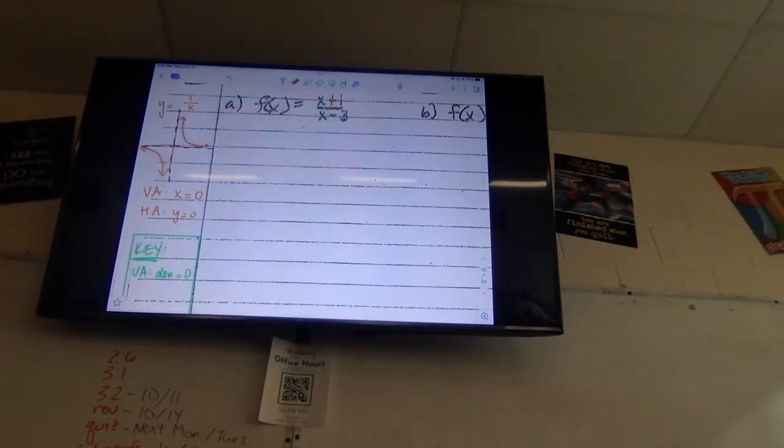My vertical asymptote is going to be where x minus 3 equals 0. X minus 3 equals 0. Add 3 to both sides. X is going to equal 3. X equals 3. Okay, so that's my vertical asymptote.